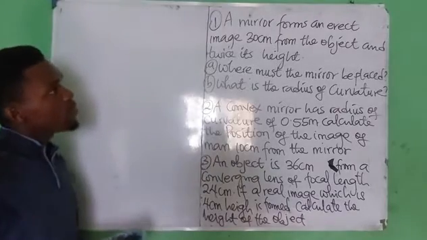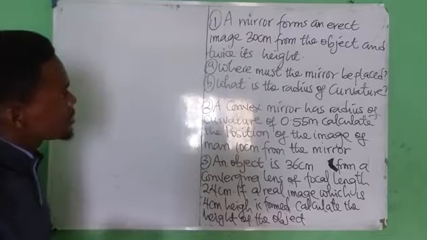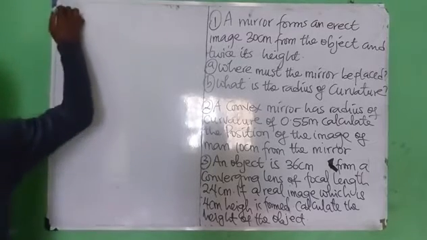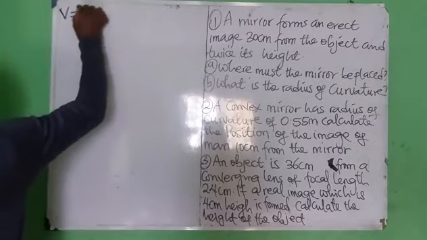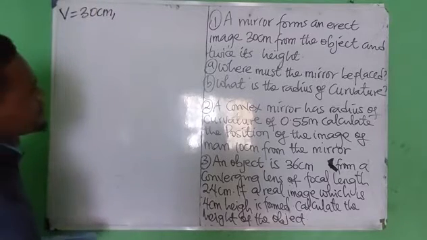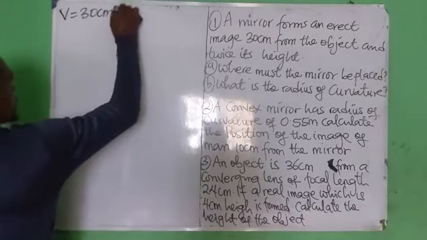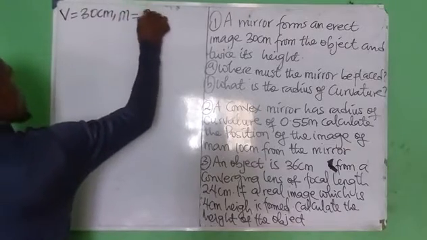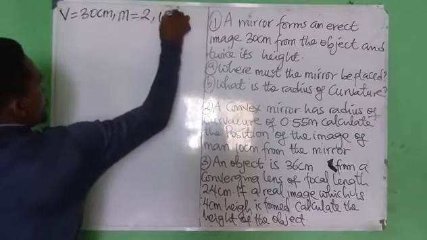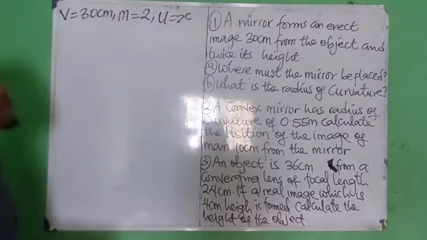It said a mirror forms an erect image 30 centimeters, which means that v is 30 centimeters, from the object and twice its height. That tells you twice is the magnification. So let u be x. u wasn't given; it said where must the mirror be placed?